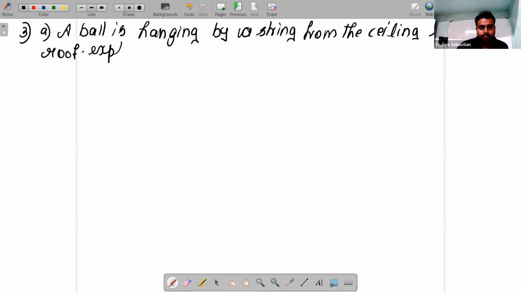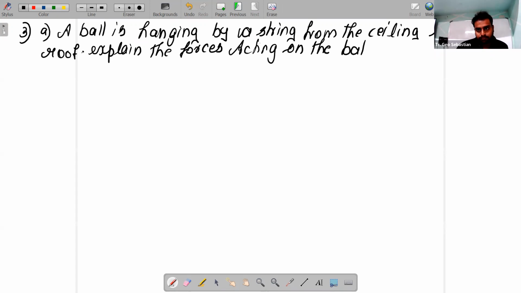Explain the forces acting on the ball and the string.